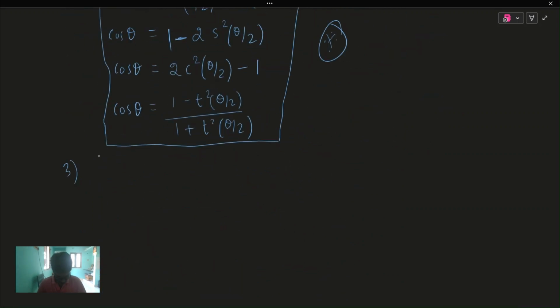Now let's solve again in the same way. Tan theta is equal to 2 tan theta by 2 divided by 1 minus tan square theta by 2. Just substituting.